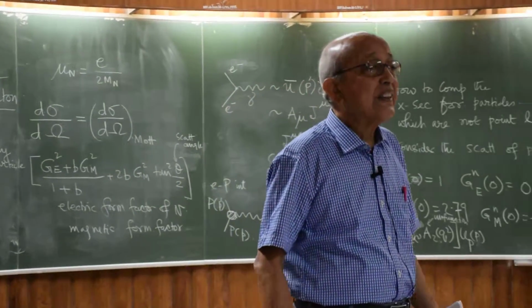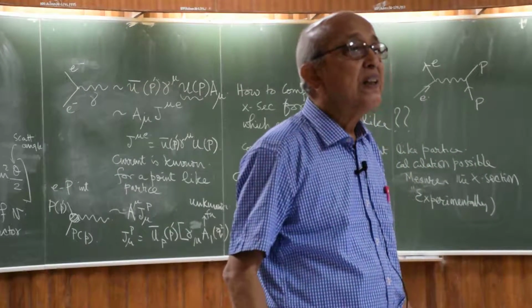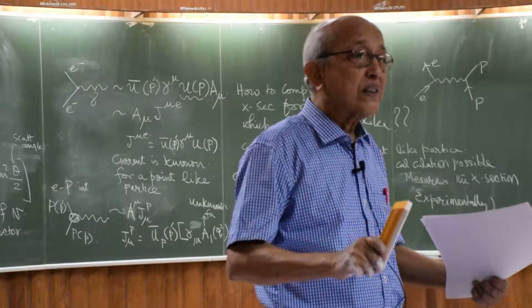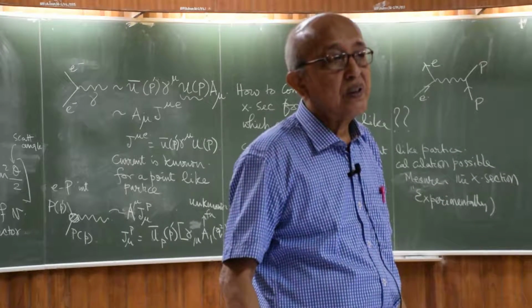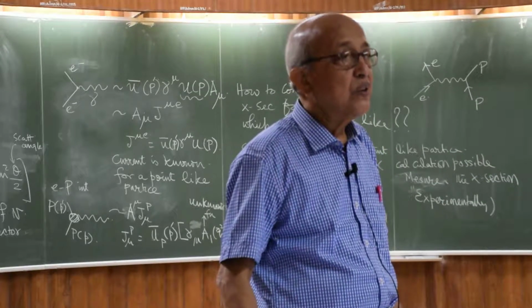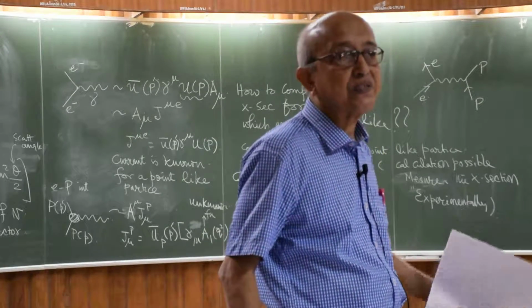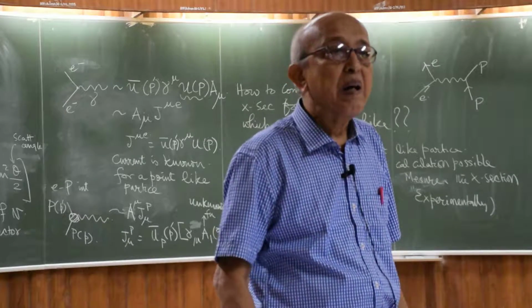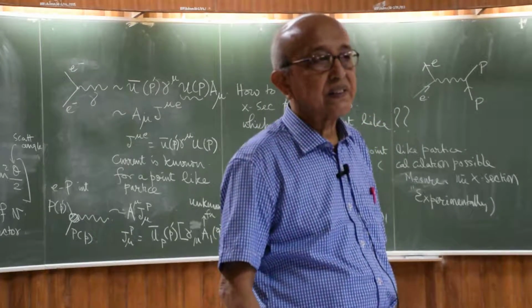But the essential idea is I parameterize my ignorance about the process by introducing unknown functions which are like form factors. Of course, they are not the same as the form factors for electron-proton scattering, but let me introduce unknown form factors. What happens?